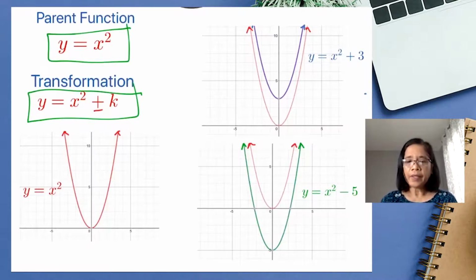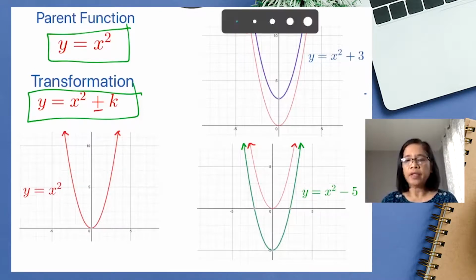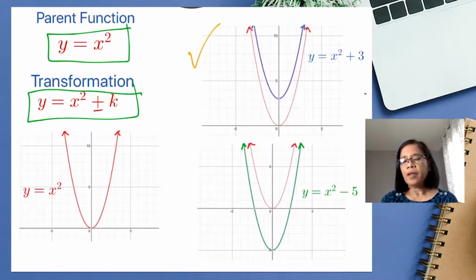Now what happens if we add a value k, plus or minus k? Let's start first with the graph here on top. Our parent function y equals x squared is the red graph, and we have here added plus 3.